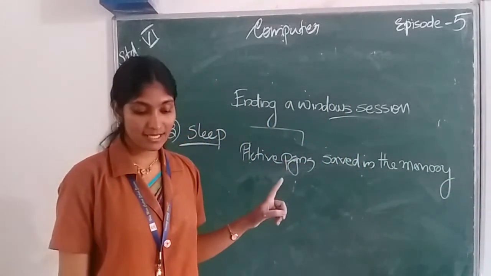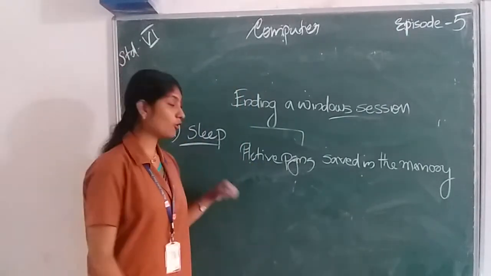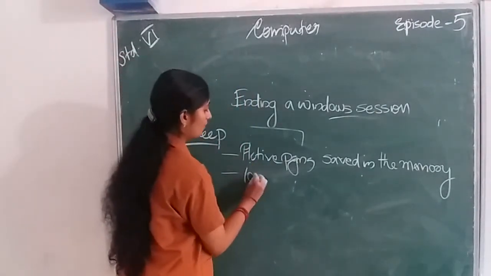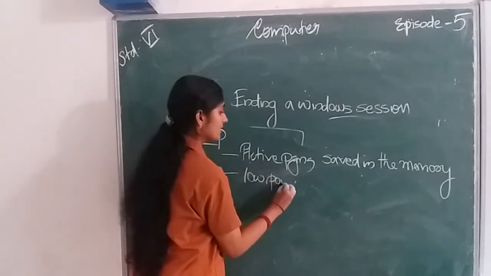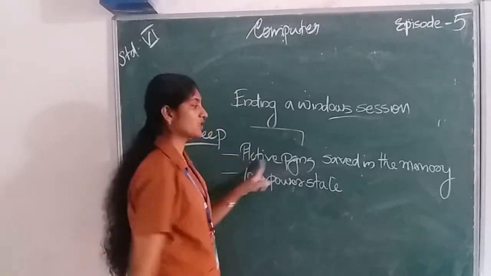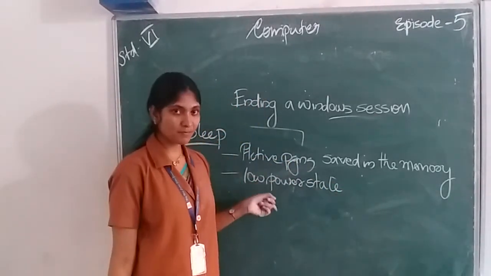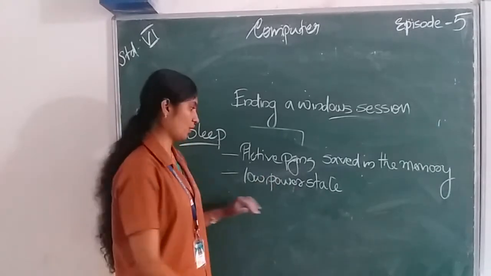Then the computer is put into a low power state mode. So the active programs are saved into the memory, then the computer goes to a low power state mode.